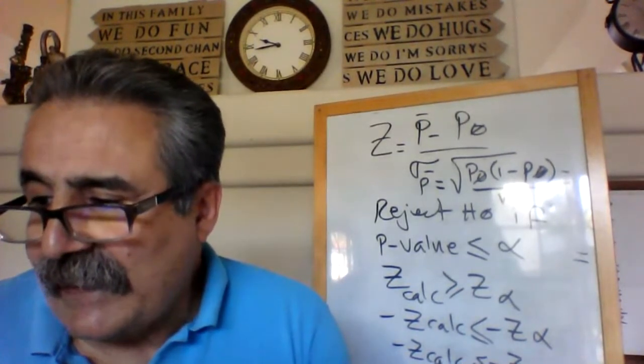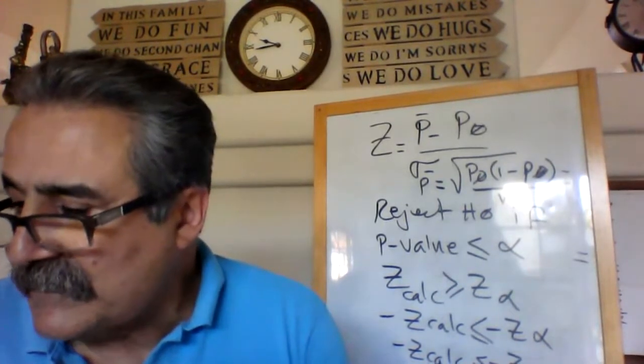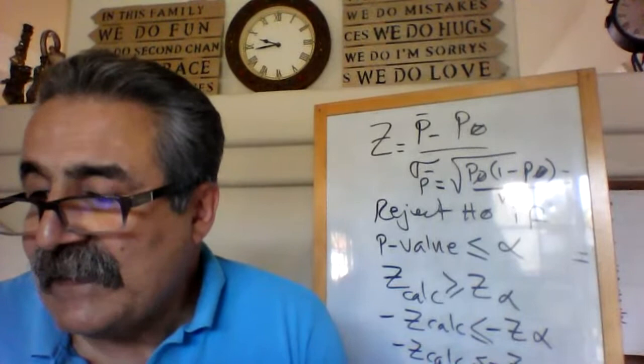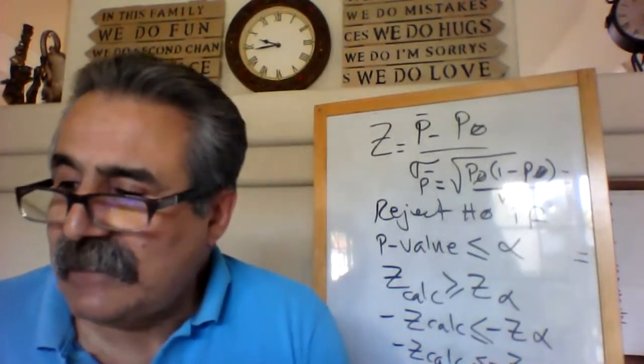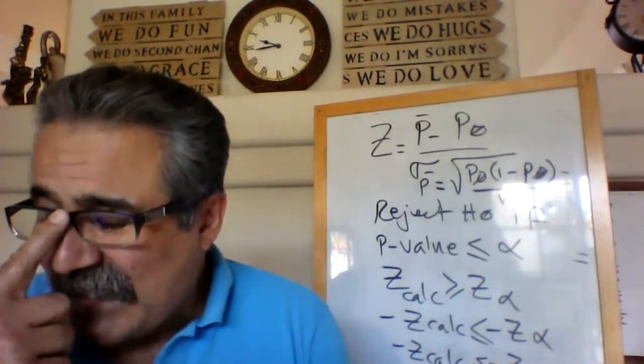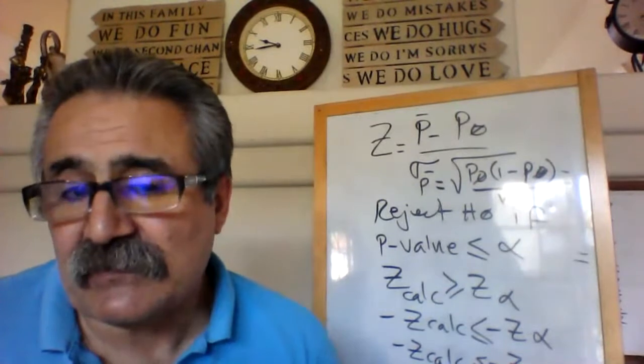The NSC claimed that 50% of the accidents would be caused by drunk driving. A sample of 120, this is your n, accidents showed that 67 were caused by drunk driving.